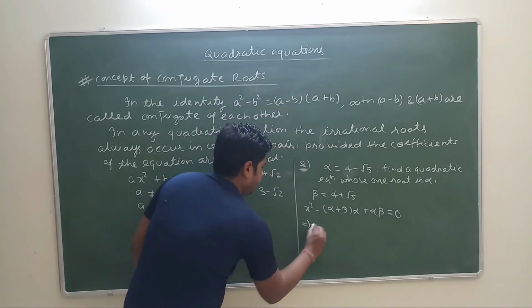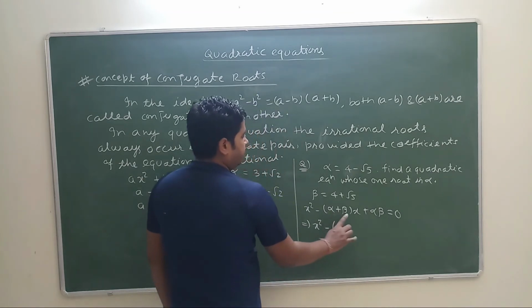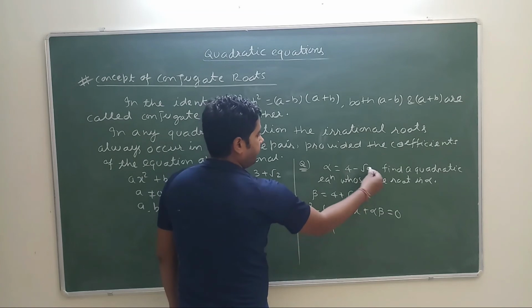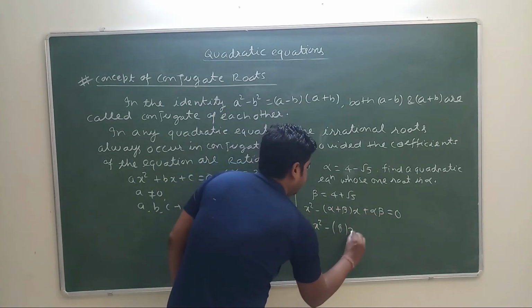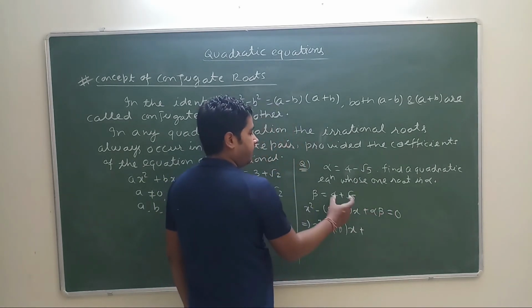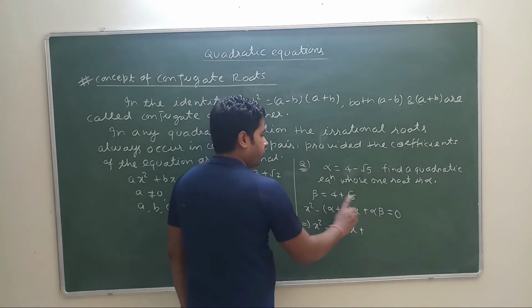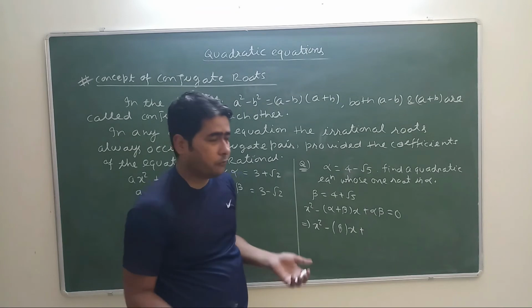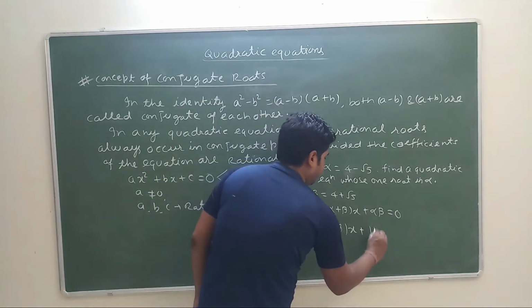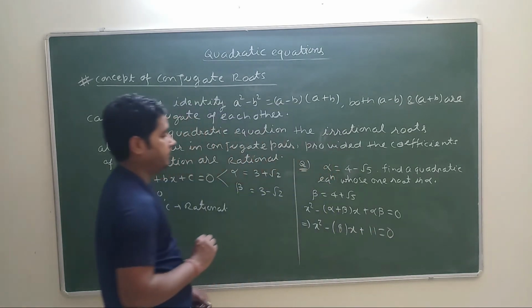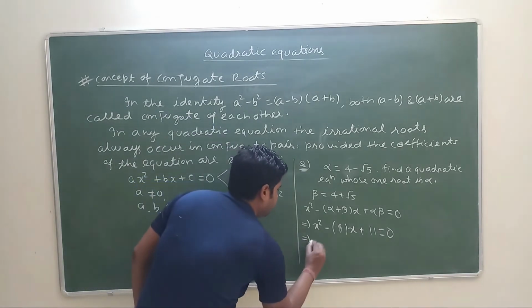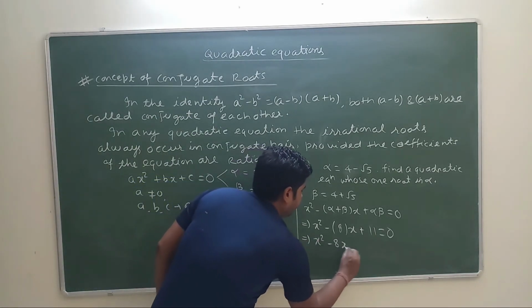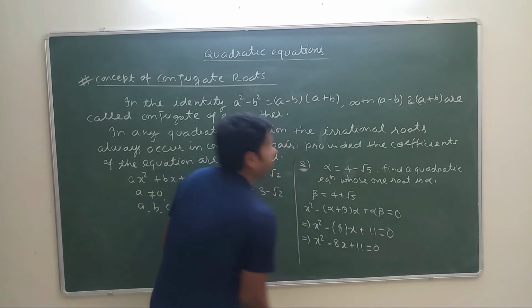The equation will be x square minus the sum of these two: when you add them, root 5 cancels, it will be 8x. When you multiply them, it will be a plus b into a minus b, so 4 plus root 5 into 4 minus root 5 is just 4 square minus root 5 square, 16 minus 5 which is 11. So this will be your answer: x square minus 8x plus 11 equal to 0.